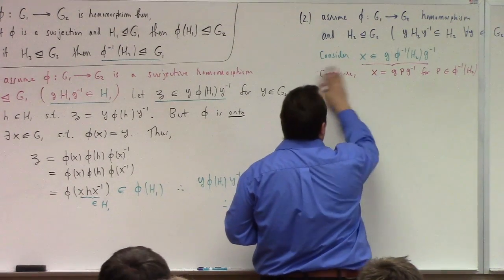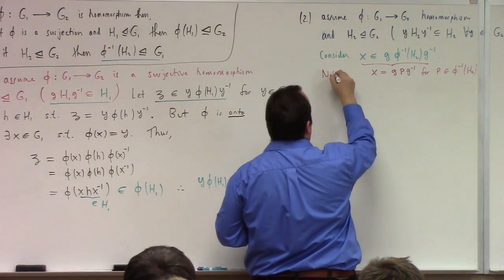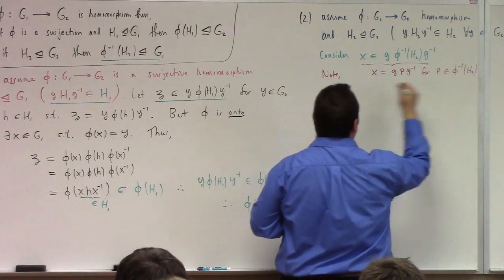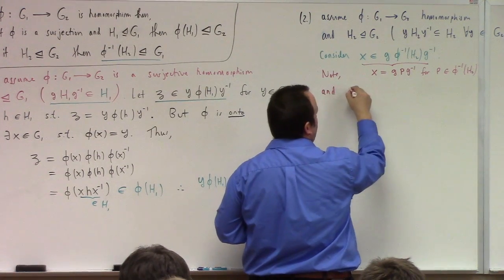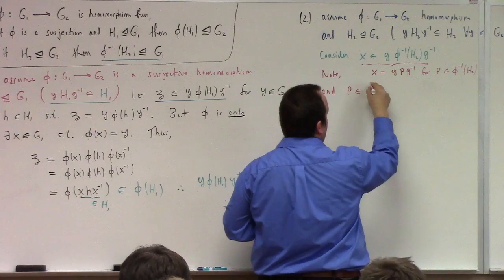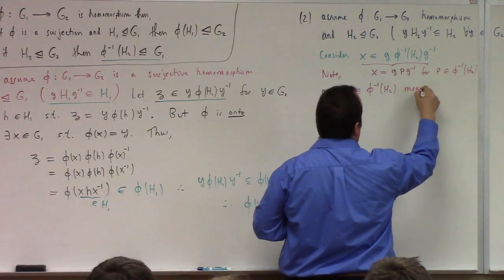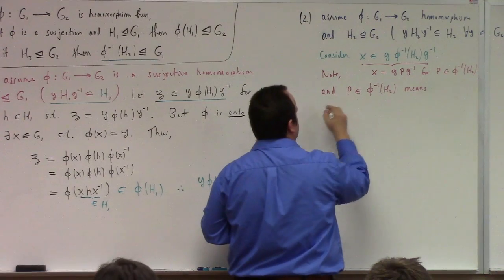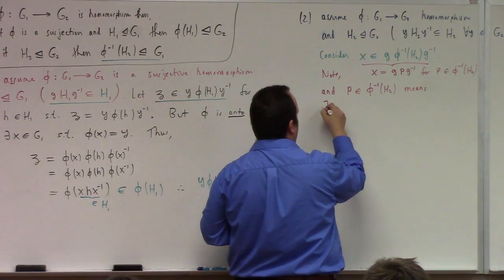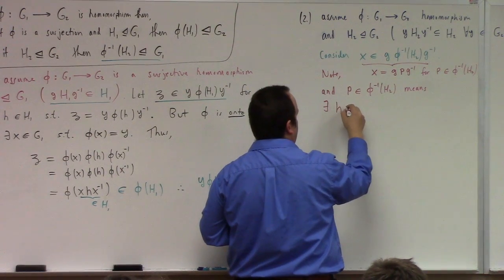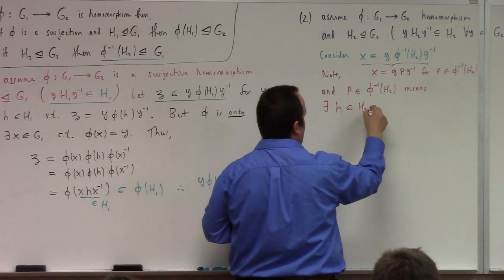Before I calculate, I'm sorry, I'm an idiot. Note, what does it mean though? And what does it mean for p to be in the inverse image of H2?